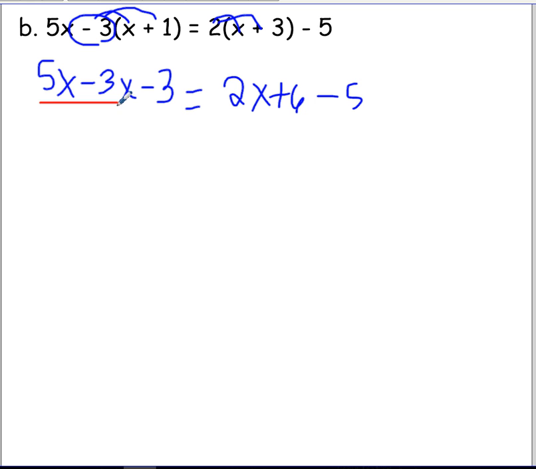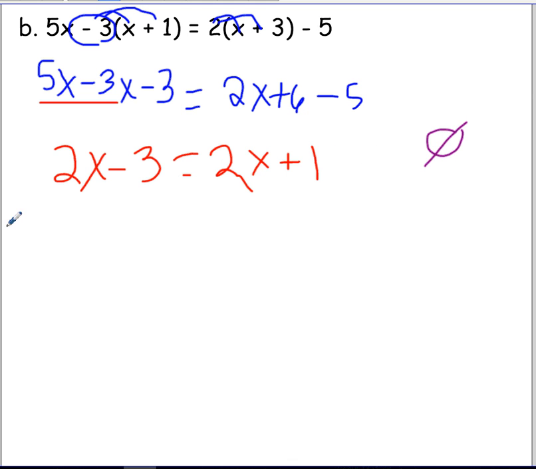Combining like terms, 5x minus 3x will leave us 2x minus 3 is equal to 2x plus 1. So here I have 2x subtracting 3 is the same value as 2x plus 1. That can't happen because 2x and 2x match, but negative 3 and positive 1 don't match. And so that's going to be a no solution.